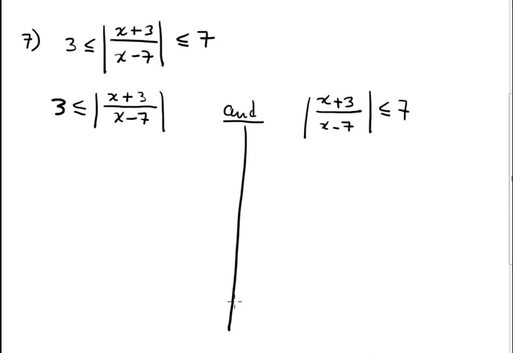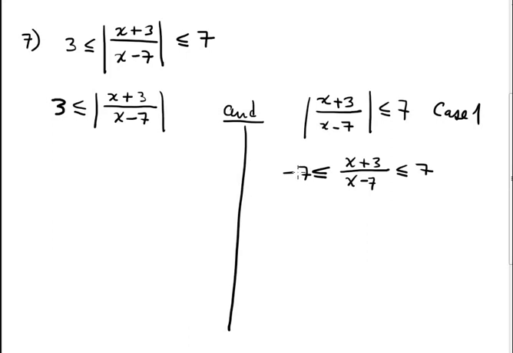We have two different problems. Okay, the first problem is case 1. In case 1, you write the expression inside the bars, without the bars, in between 7 and -7.